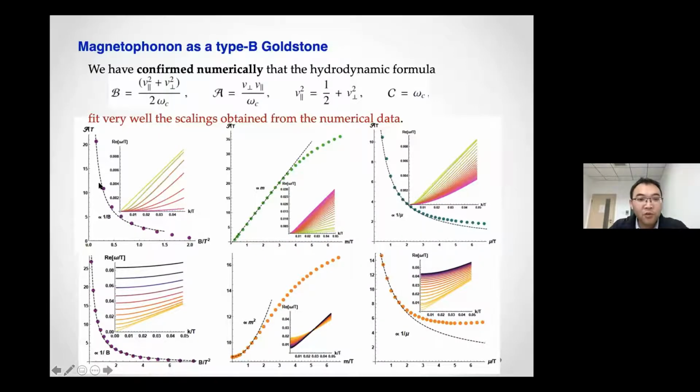Here we compare our numerical result from the holographic model to this hydro prediction. The dashed line is from the hydro description, and the dotted points are from our numerical solution. When the magnetic field and the parameters are much smaller than the temperature, I mean the energy scale, the two match each other quite well.